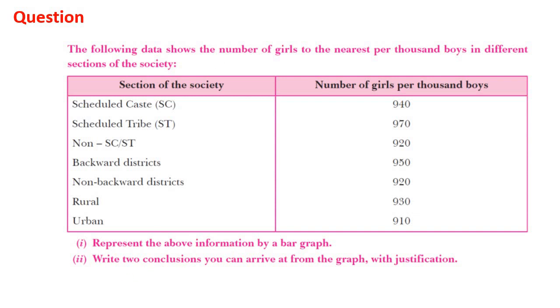So what you can say from this data is the maximum is 970 and the minimum is 910. So you can say that the number of girls per 1,000 boys is maximum in the ST category, and minimum in the urban. Okay, so this you can say. Okay, now let us draw the bar graph.